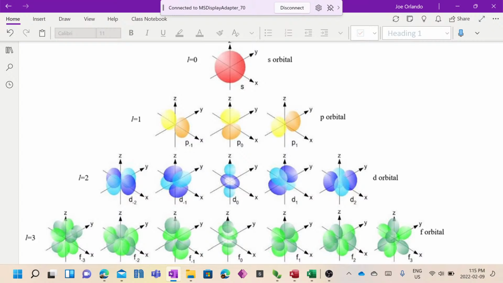It moves kind of randomly throughout that, but it's bound by that shape. We've always thought of it as a circular orbit. That's an oversimplification. The truth is it's moving in 3 dimensions, but it's bound within the shape of that sphere. And the first s orbital would be smaller than the second s orbital, which would be bigger than the third s orbital, because every shell has an s orbital. Every shell has a spherical orbital. Does that make sense?